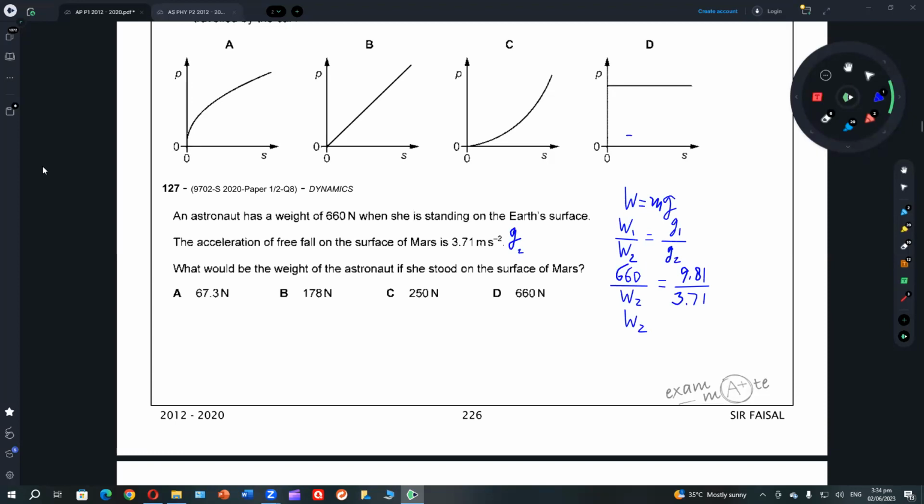It is coming as 249.8, so almost 250 Newton. C.